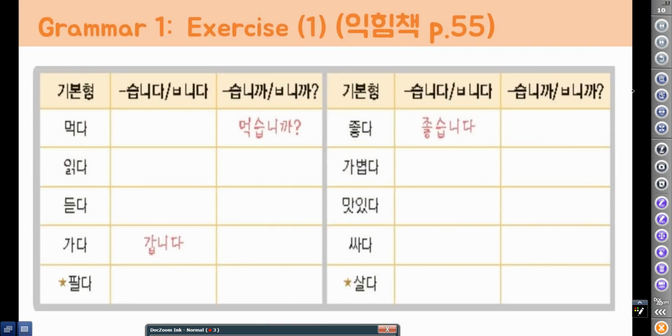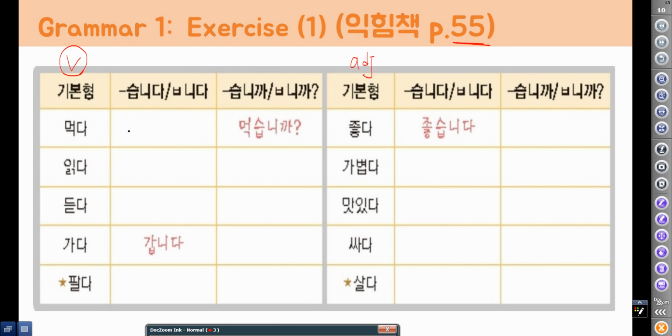Okay, let's practice more. So it's on your 익힘 책, page 55. Okay, so let's do the chart. So here we're gonna do these are the words for verbs and these are adjectives.